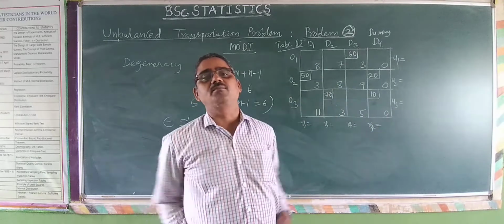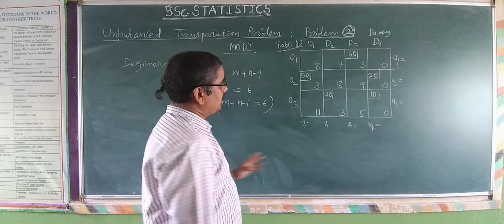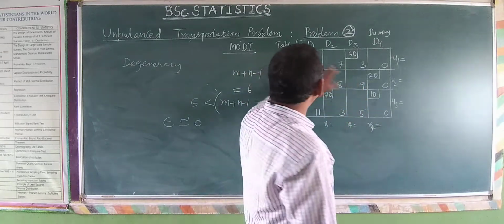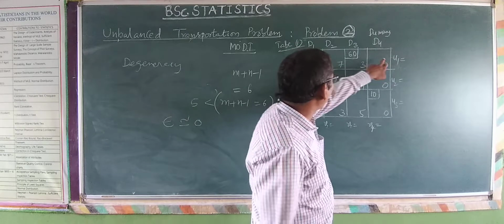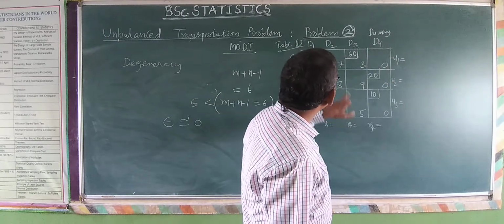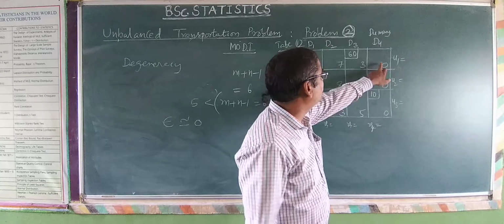That's the procedure. So you allocate epsilon in the non-basic cells having minimum cost. Consider the non-basic cells, the costs are 0, 11, 8, 9, 11, 5. So the minimum cost is 0.